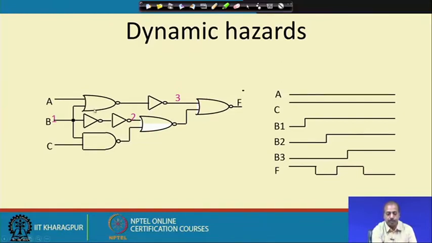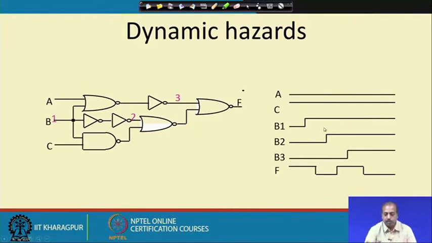That is, if I assume that this NOR gate has got delay equal to 2 inverters. They are having the same delay, the NOR gate and this inverter. So, after 2 gate delays, B3 gets the value of B1. Okay. So, B1 has changed from 0 to 1 and B3 has changed from 0 to 1 after 2 gate delays.